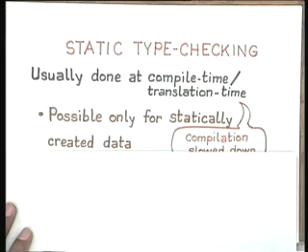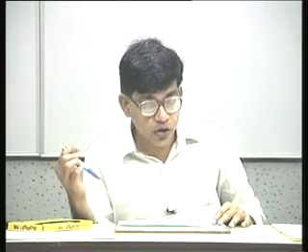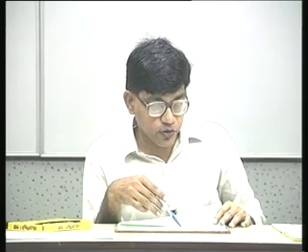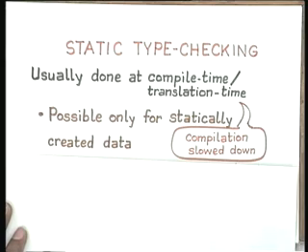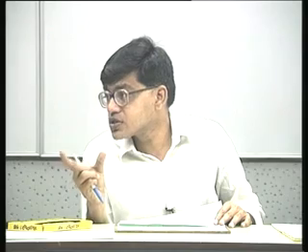So, dynamically created data cannot, for example, be statically type checked. Any kinds of pointer mechanism, list mechanisms whose data changes during runtime require runtime type checking or dynamic type checking. But for most Pascal data structures, which are static, they have explicit declarations which give the full size of each piece of data.